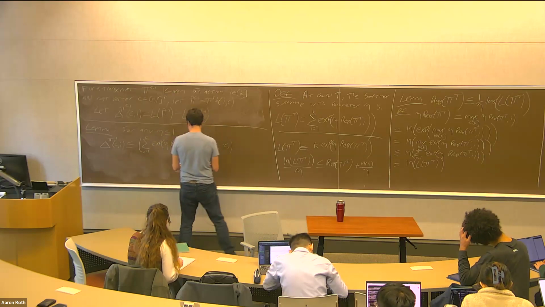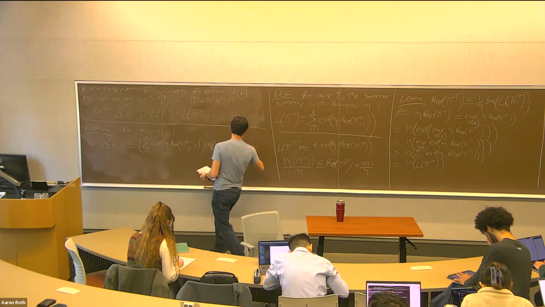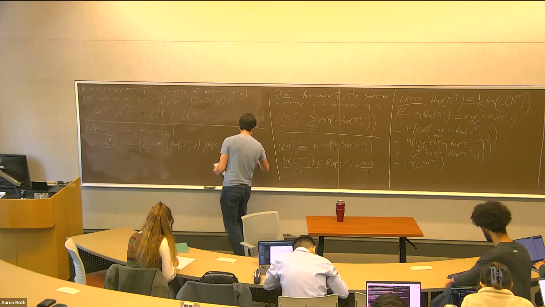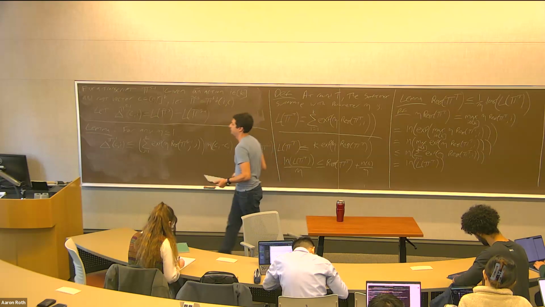That's one term. Plus eta squared times the surrogate loss that I already had at round s minus 1.